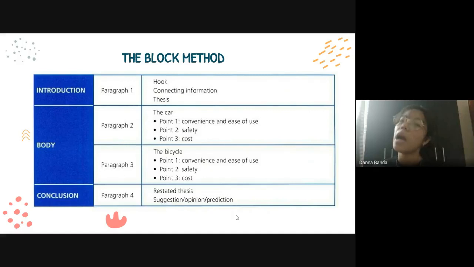Okay, then we have connecting information, and then the thesis. Then you mention a strong thesis statement in which you mention the two subjects, and here you have to let the reader know your focus, if you're talking about similarities or differences or both. Okay.